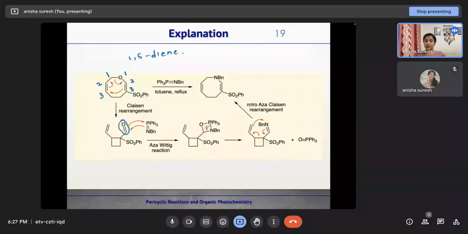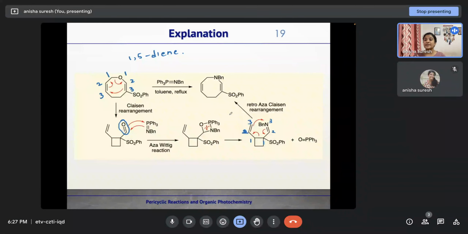Now this will undergo a retro-aza-Claisen rearrangement, that is a backward kind of reaction. So we can number it like 3, 2, 1. So it will undergo a retro-aza-Claisen rearrangement and we will get this product.